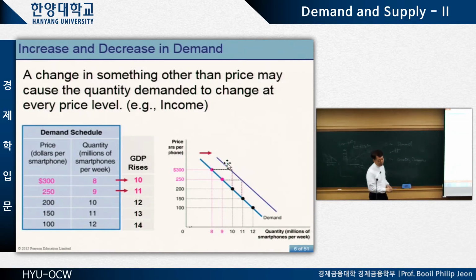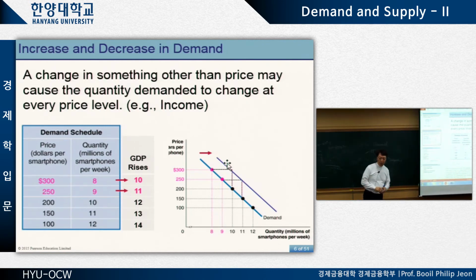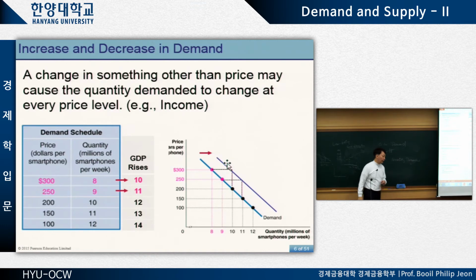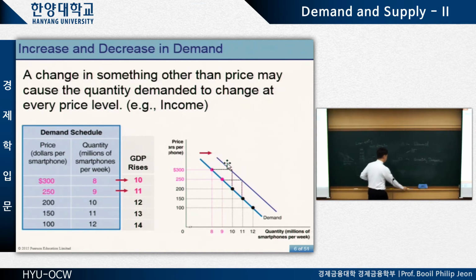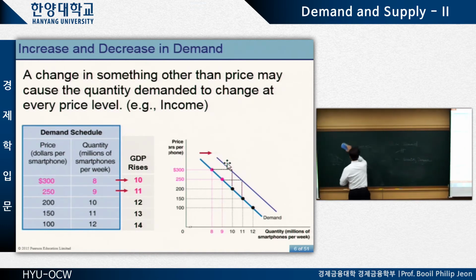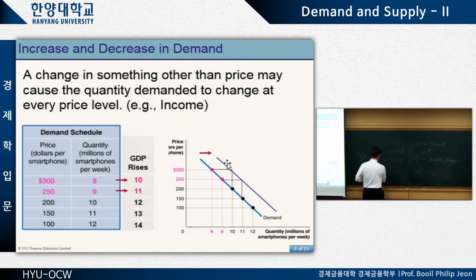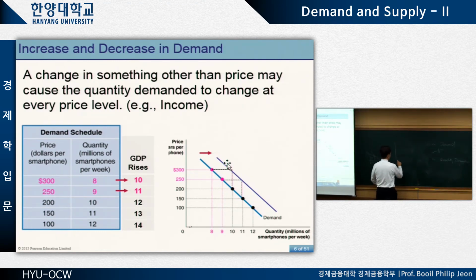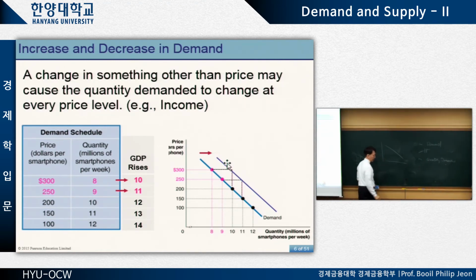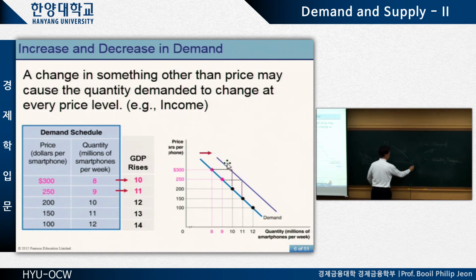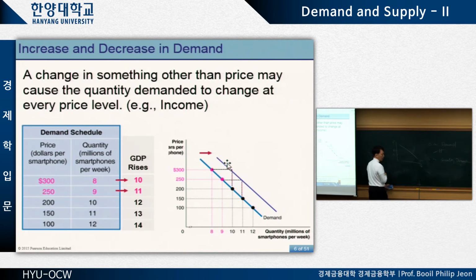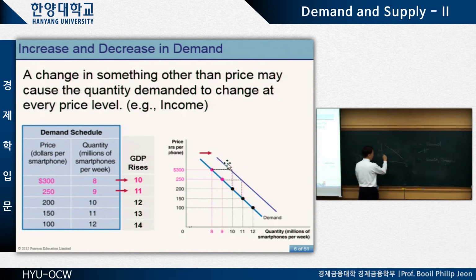Okay, so quantity demanded is pretty simple. If the price changes, let's say we have a demand curve here, price and quantity. If price changes from P0 to P1, then what are you going to have?